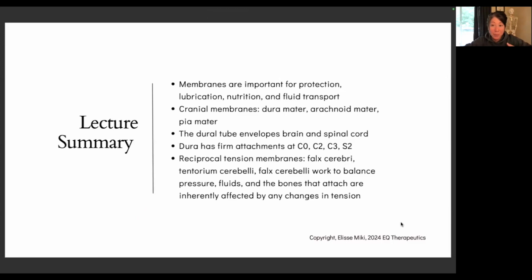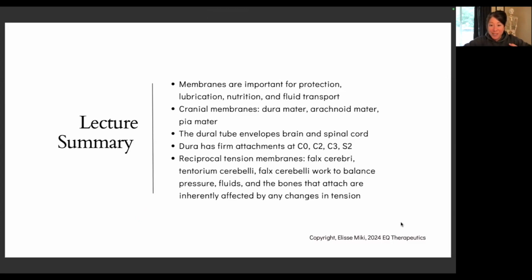All right, so in summary, membranes are very important for protection, lubrication, nutrition, and fluid transport. Those are all critical functions that are needed to sustain life. And remember that the membranes are also what are housing and carrying that cerebral spinal fluid, which is our life force fluid.